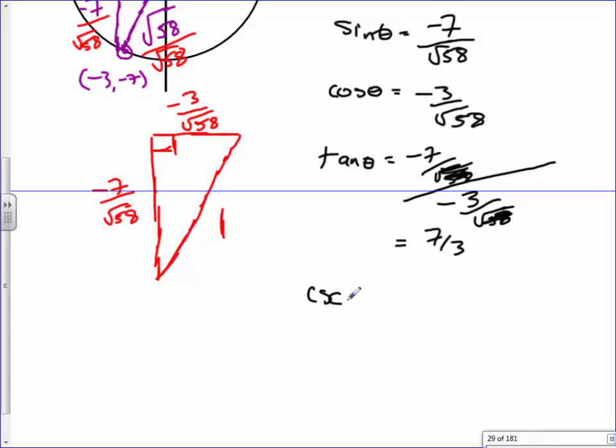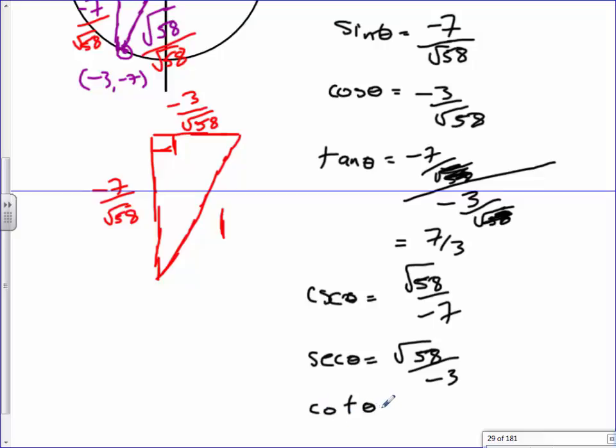That'll be root 58 divided by minus 7. Whereas cosine already has the word co in its word, so it just needs to be a regular old secant, as opposed to the cosecant. So secant is going to be root 58 divided by negative 3. And lastly, tan does not have co in its name, so we'll add a co and call it cotan. It would be 3 over 7 instead.